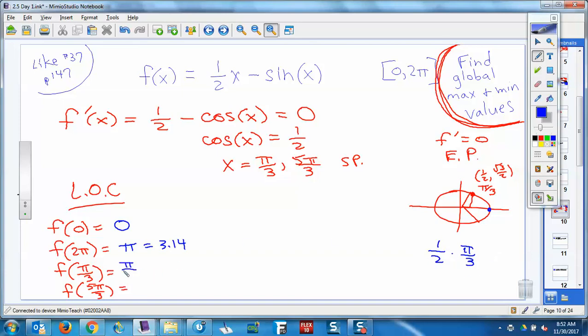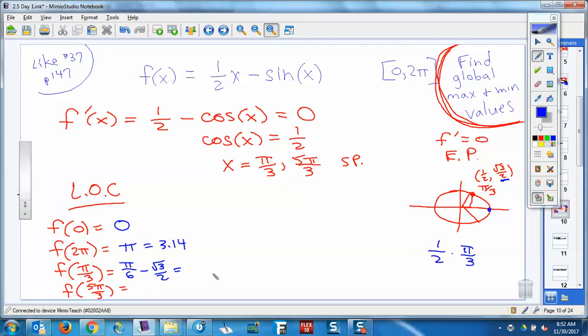So this would be pi over 6 minus, what's sine of pi thirds? Isn't that root 3 over 2? Now, this is no calculator. I think these are some values we should know. Number 1, pi is about 3. So what's pi divided by 6? 3 divided by 6 is about 0.5, right? Pretty close.